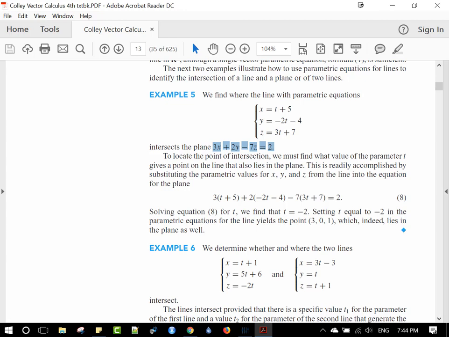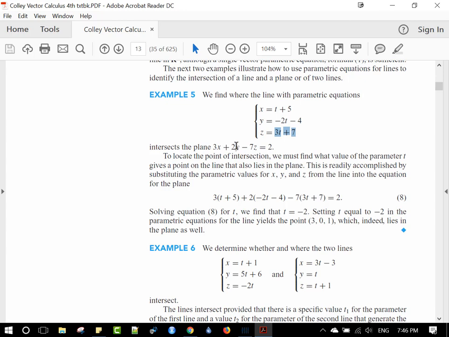To locate the point of intersection, we want to find the value of the parameter t that gives a point on the line that also lies in the plane. This is the equation for the plane. We take x and replace it by this, replace y by this, and z by this in here.